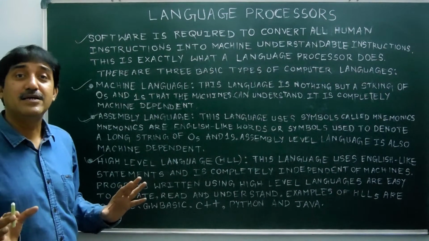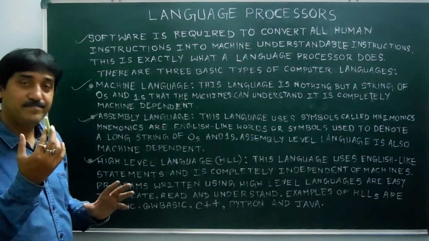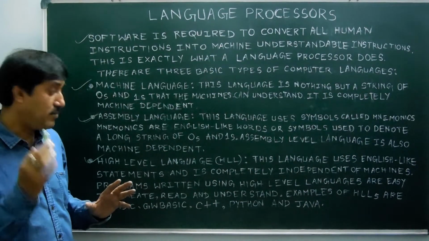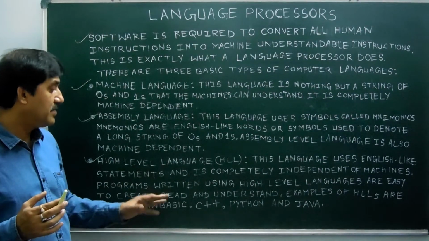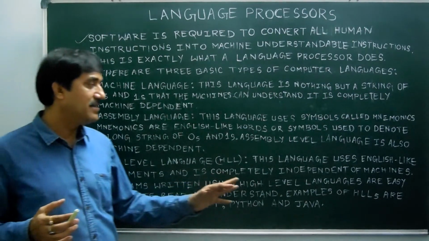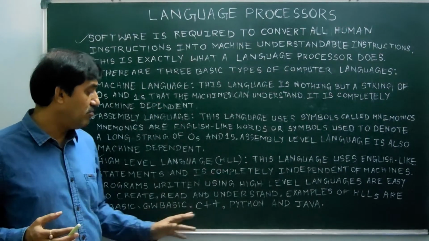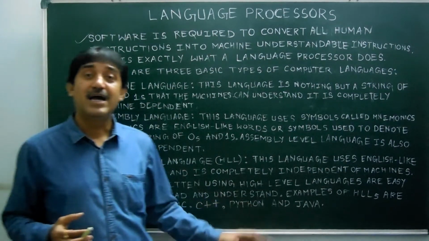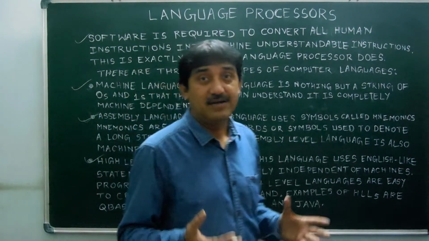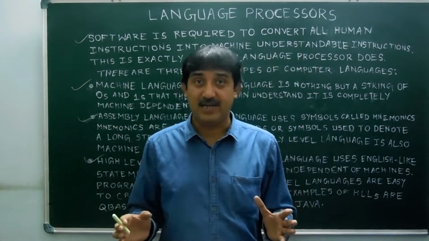It can work on any machine, and it does not depend on a machine, to create, read and understand. Examples are QBasic, GWBasic, C++, Python, and Java. These are examples of high-level languages.